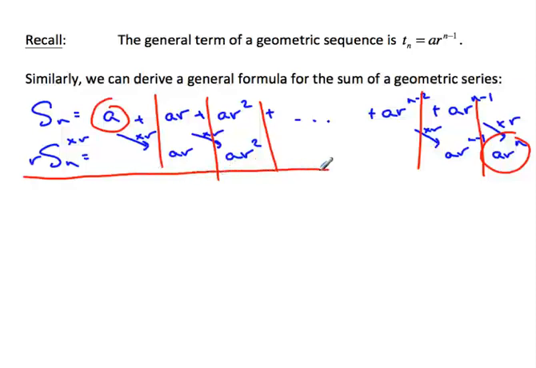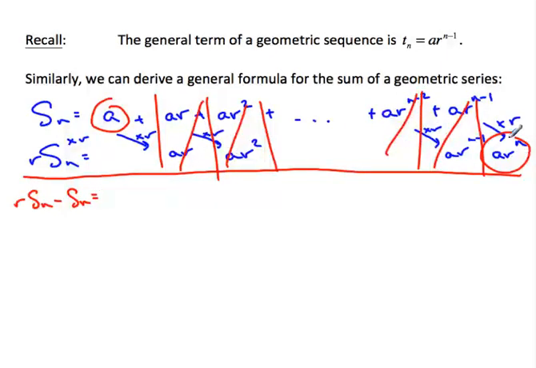The next thing that we did in the previous example was we subtracted the top row from the bottom row. So we did r S sub n minus S sub n. Everything here in the middle canceled. This did not cancel, ar to the n, nor did that, minus a. Then we can do some common factoring. We have S sub n as a common factor here, so S sub n times r minus 1.